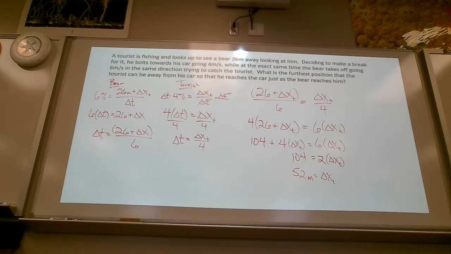Is this in the realm of reality? One of the cool things about physics is it represents stuff in real life. So you're looking at that going 52 meters. That's roughly 50 meters, close to 50 yards. That's half of a football field. Is that within the realm of possible?